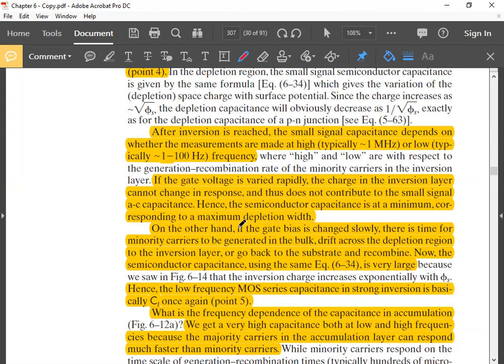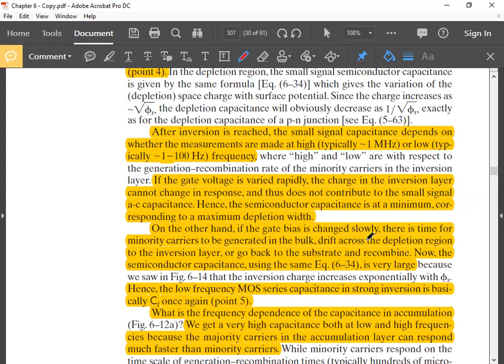On the other hand, if the gate bias is changed slowly, there is time for minority carriers to be generated in the bulk, drift across the depletion region into the inversion layer, or go back to the substrate and recombine. So electrons, I told you, will move in and move out from the inversion layer through the depletion layer to the substrate.